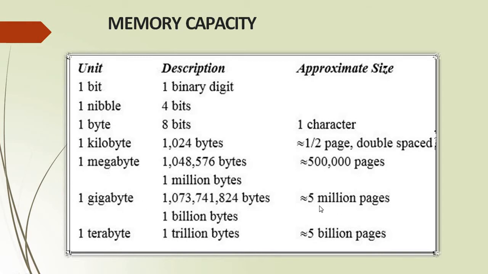So 1 gigabyte is approximately 5 million pages, and 1 terabyte approximately 5 billion pages. These are the units in which our data is stored inside the memory, related to memory capacity.